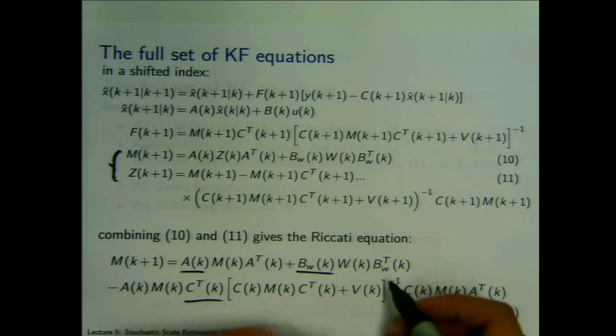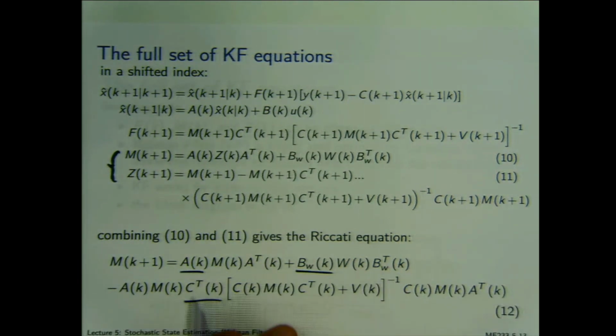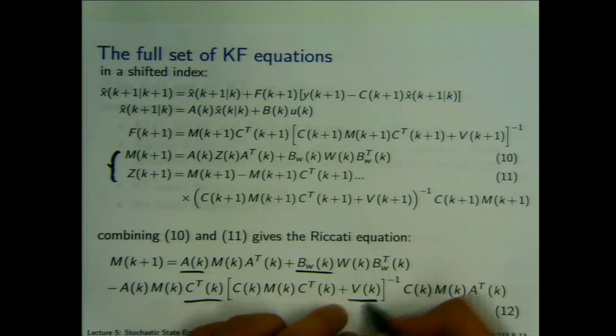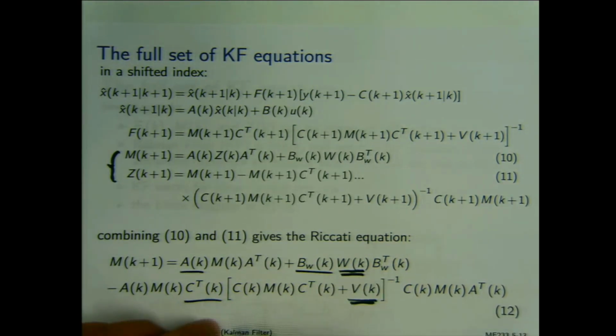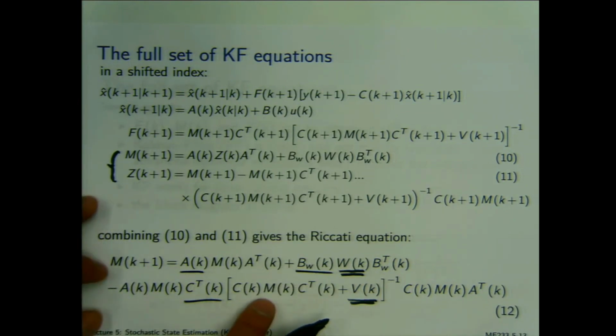All right? We have no problem knowing A, B, W, and C. And if we know the statistic information of the output noise and the state noise, then we'll be able to iteratively compute this M matrix, right?